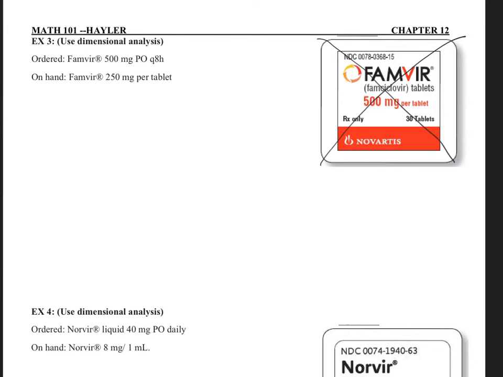So do I need to convert? Well, if you take a look at the units, you'll notice they are both milligrams, so we do not need to convert. Awesome. Next thing we're going to do is just solve for the amount to administer. So no need to convert, just solve for amount to administer.